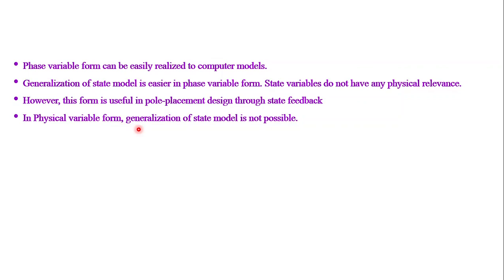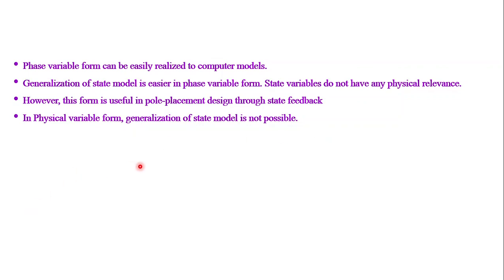So based on the system and how we choose these state variables, the model may change. Therefore, generalization is not possible. We cannot say that this is the state model of the physical variable form. It varies from system to system and with how we assign the state variables.